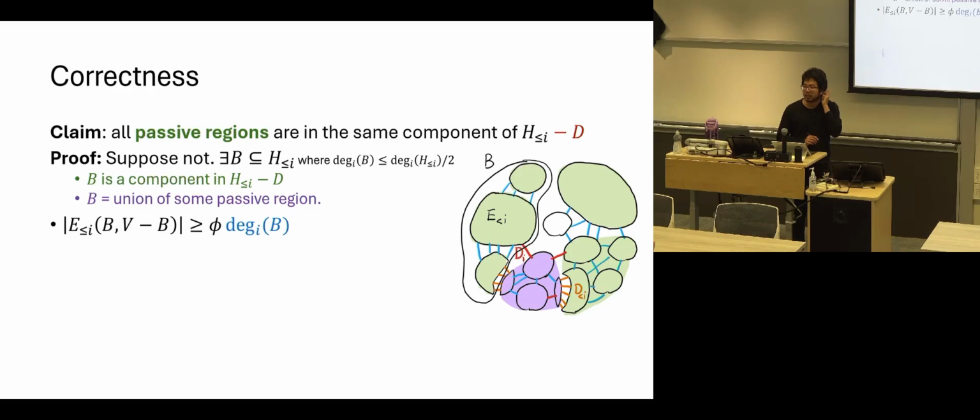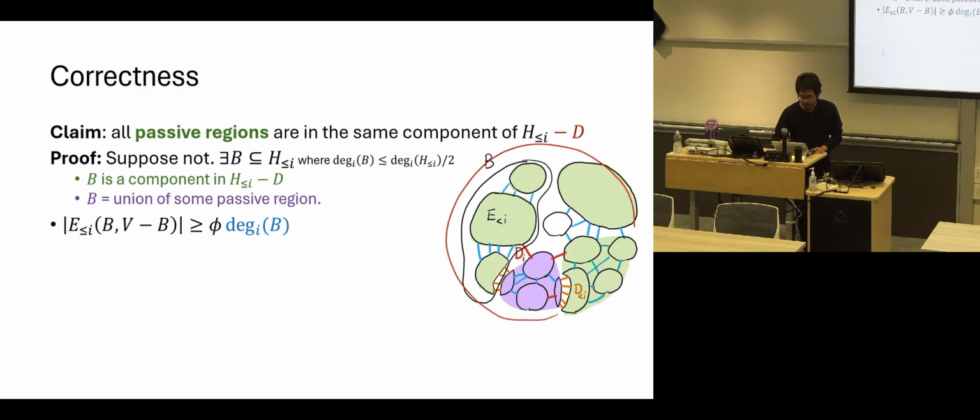We know that each region has to be an expander in the edges. It's not just each region. You kind of know that the blue edges are expanding, so it would be the separator that's expanding. Not really.